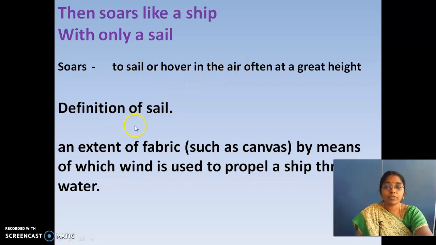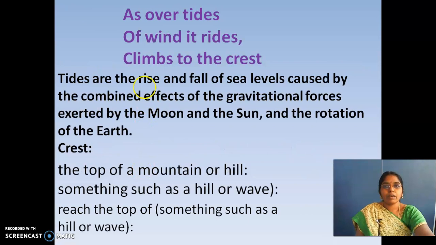Right? So the definitions which I am giving in this poem are based on the kite. Sail is an extent of fabric such as canvas by means of which wind is used to propel a ship through water. Right? As over tides of wind it rides, climbs to the crest.